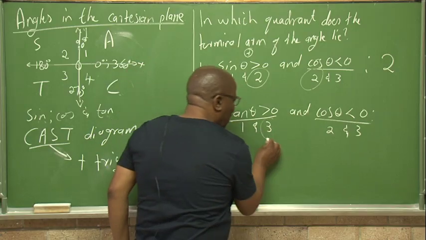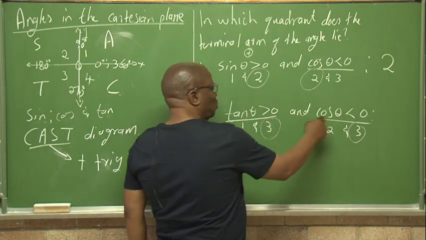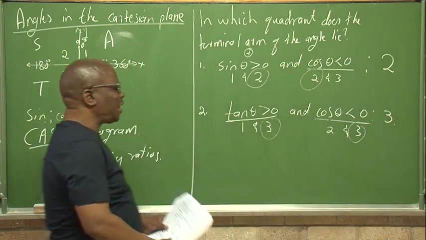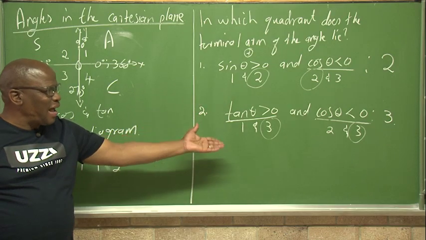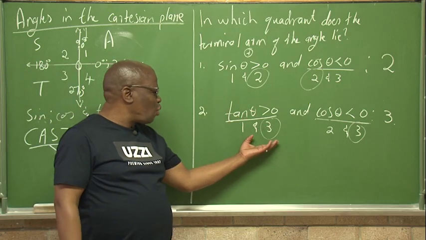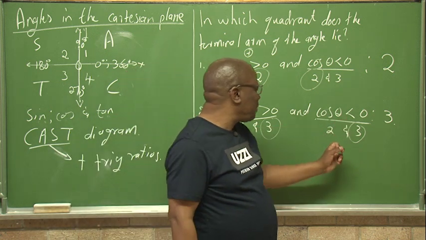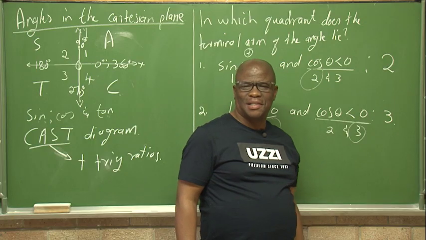We have the third quadrant here. Therefore, in this condition, the quadrant referred to is the third quadrant. Our terminal arm will lie in the third quadrant because this inequality represented the first and the third, and this inequality represents the second and third. So the common one is the third quadrant.